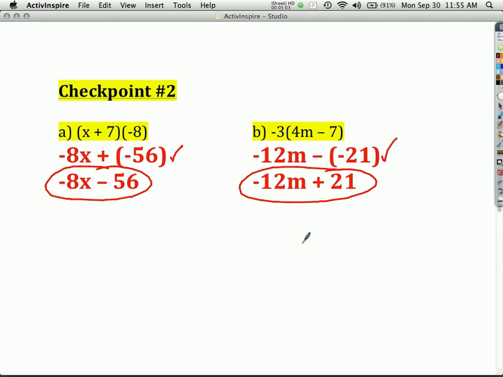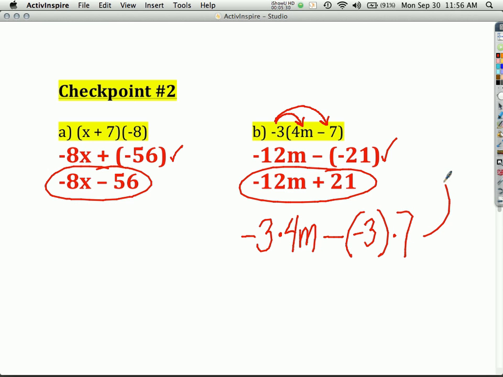Okay? Delia. What happened to the negative 3? It got distributed. Negative 3 times 4m, and we get negative 12m. Here's what you should have written. Negative 3 times 4m. The second arrow is the negative 3 times the 7, but there's a subtraction between them. So you should have written this.